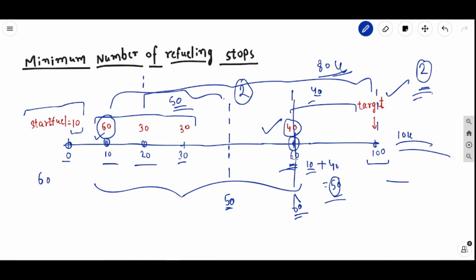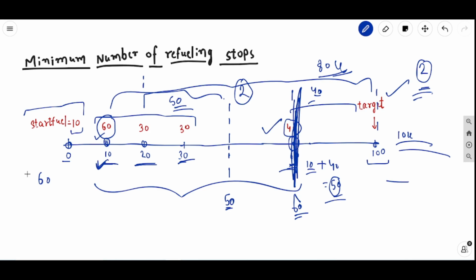Why? Because let's say I want to reach this location which is 60. Now I already know somehow that I need to refuel at at least one refueling station present at position number 10, 20 and 30. It is also given that I can refuel from any of these 3 gas stations. Then the obvious choice would be to choose this one, that is the gas station at position number 10.